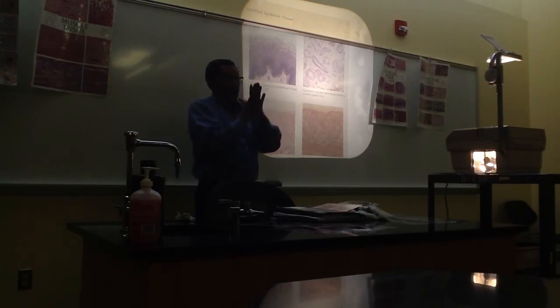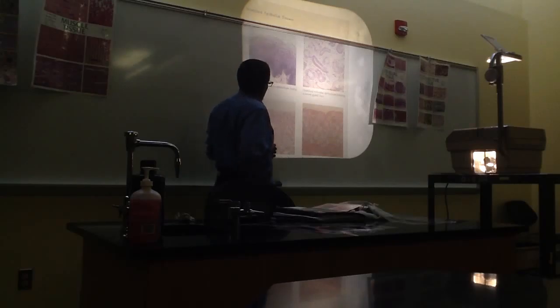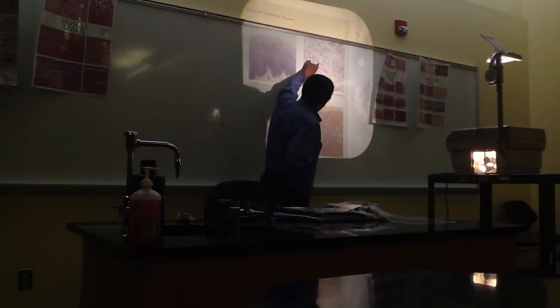As though it's been flattened. Okay? So, for example, these dark staining spots are the nuclei. And you notice how flat they look. Okay? Compare that with these nuclei. You notice how round they look, right?